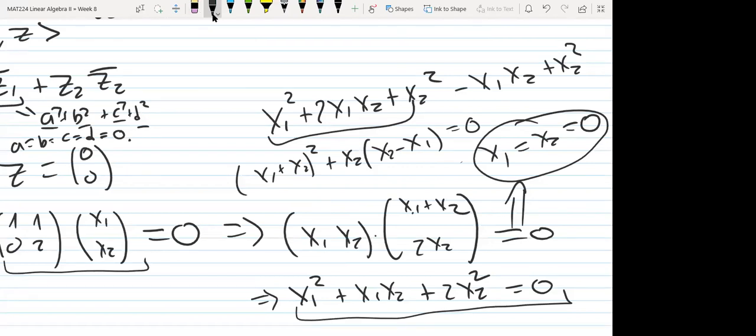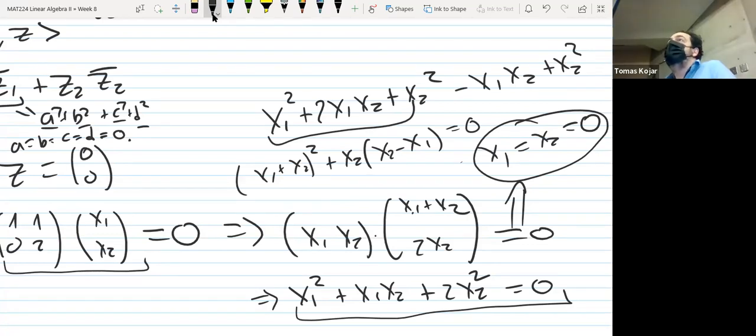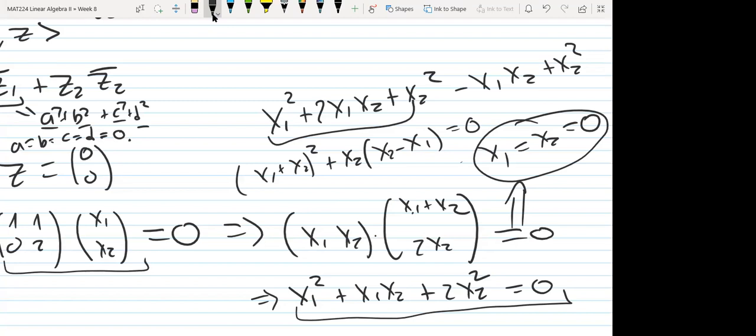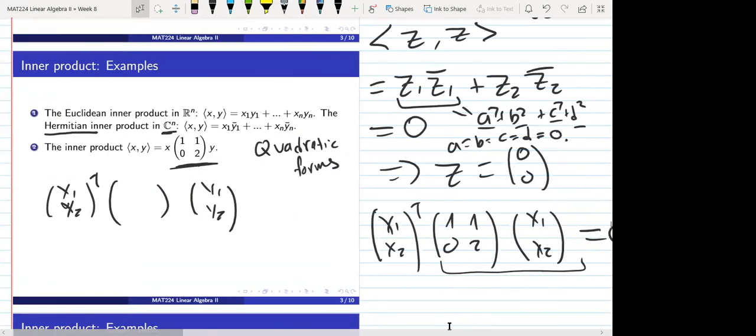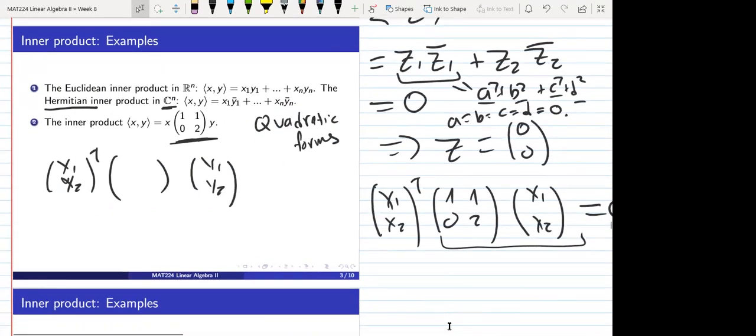Oh, okay. I was just confused because it was vertical. No, because these are real numbers. Okay, I'll continue this next time.